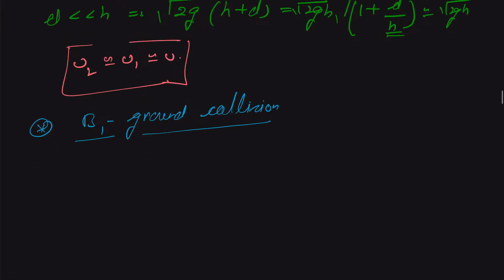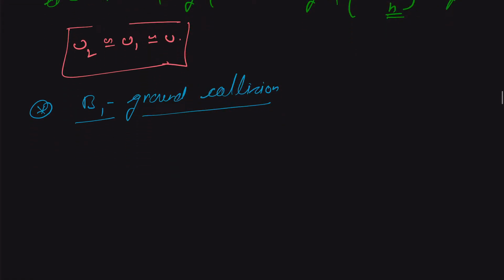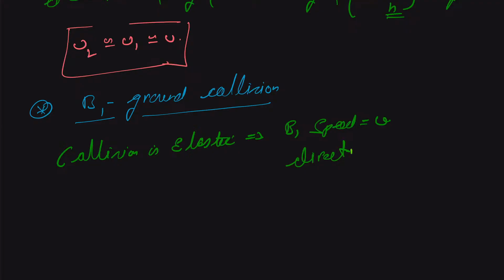So we can say that our collision is elastic, therefore B1 speed, B1 is the basketball, is going to remain v, but the direction reversed.